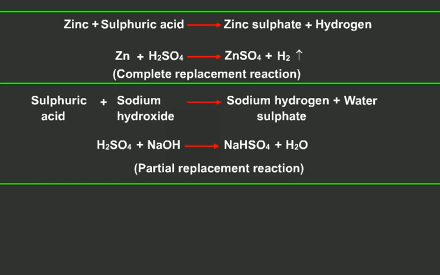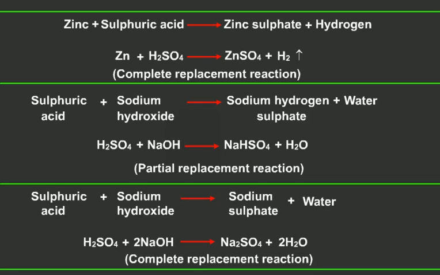Similarly, sulfuric acid plus sodium hydroxide gives sodium hydrogen sulfate plus water. This is a partial replacement reaction, while the previous one was a complete replacement reaction. Another example of a complete replacement reaction is sulfuric acid reacts with sodium hydroxide to form sodium sulfate and water.